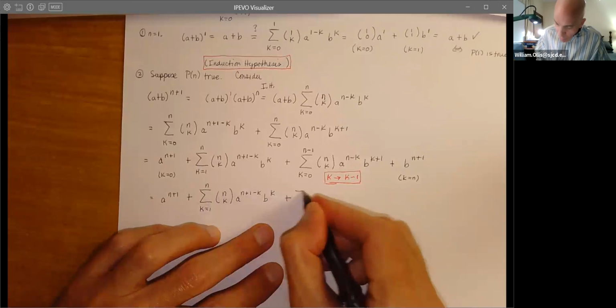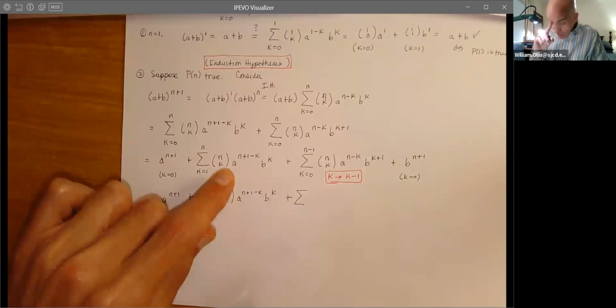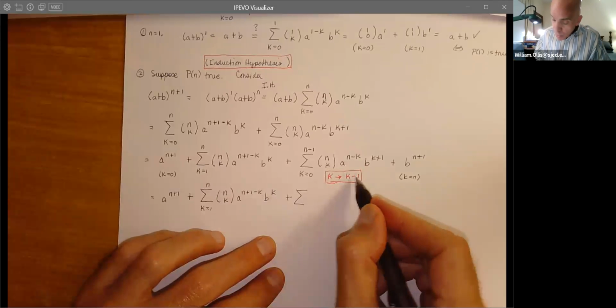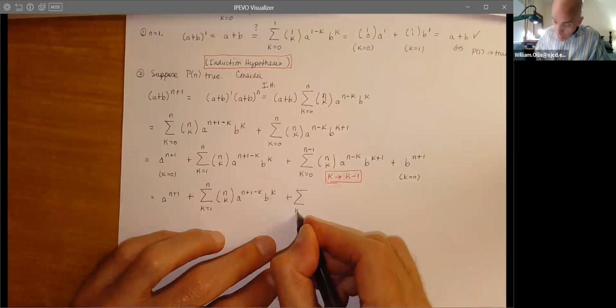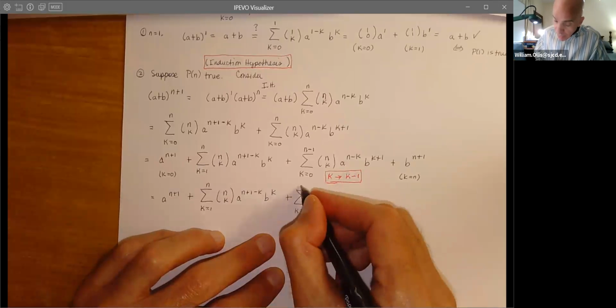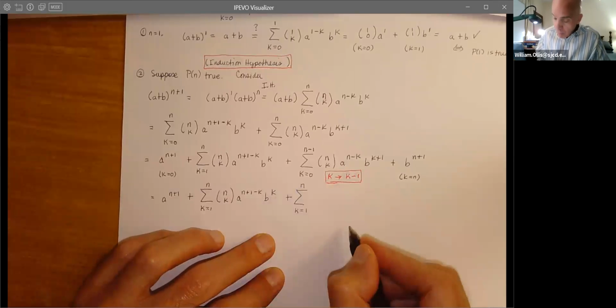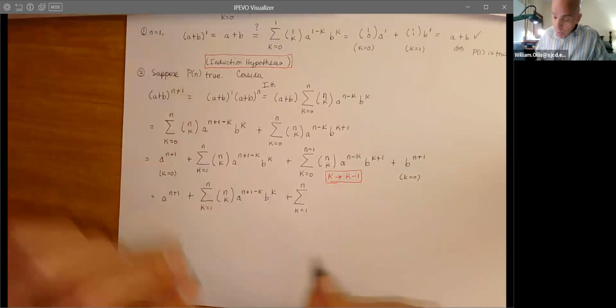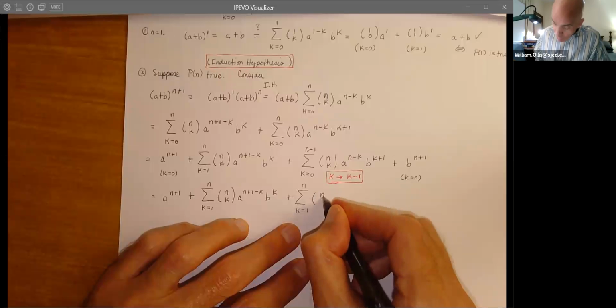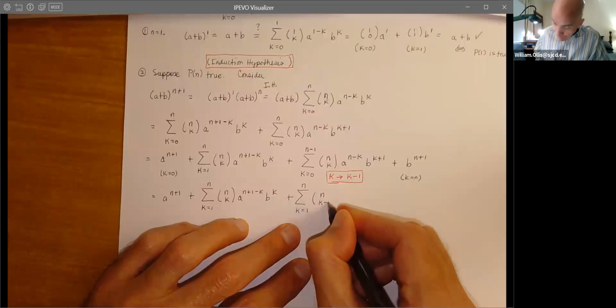Now we're going to do the transformation here so we can add these two series. So we're going to replace K with K minus 1. So now we have to start at 1 because we made this smaller. We have to make this bigger, and we're going to end with n. So we bump it up by 1 index. And then, of course, replace K with K minus 1.